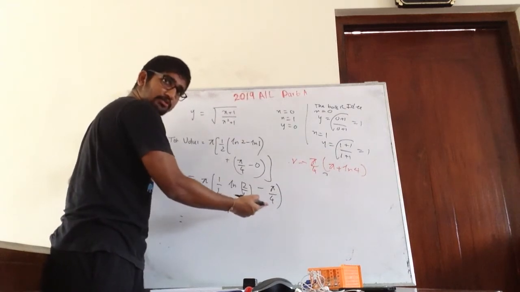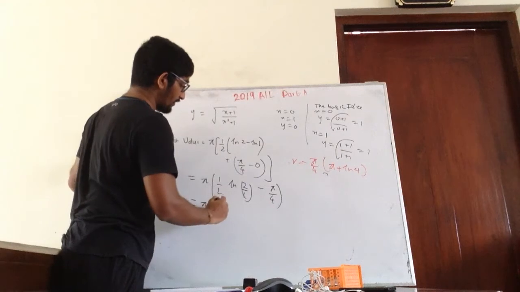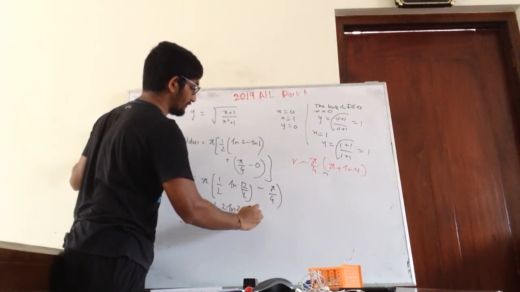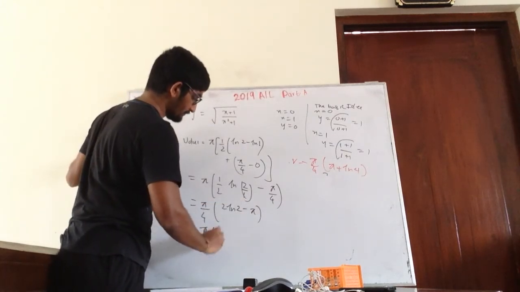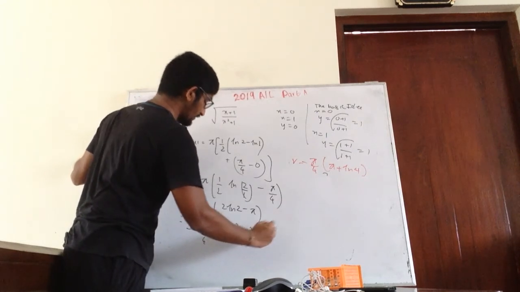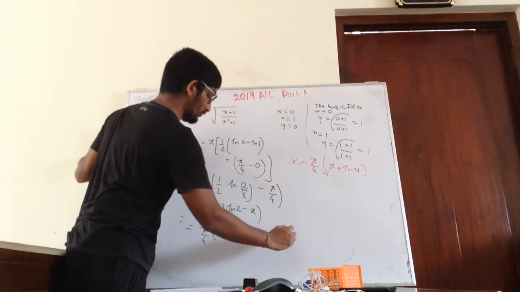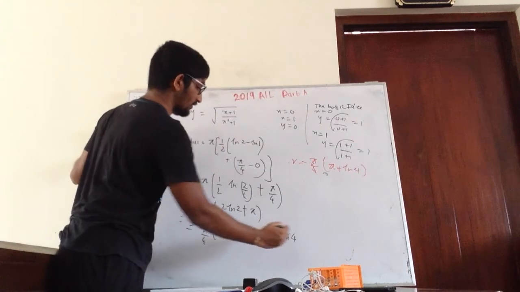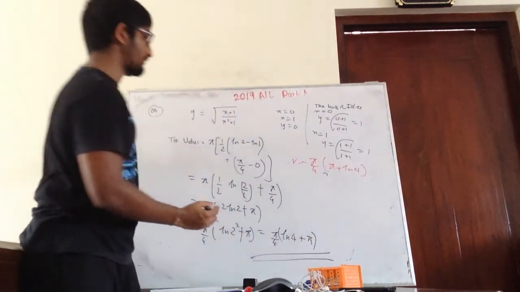Now I'm going to take 5 over 4 out. So then I will get 2 ln 2 plus 1, so then I can put 2 inside. That is ln 2 squared plus 1, that is 5 over 4 times (ln 4 plus 1). Oh no, this is plus 1, times 5. That is the answer we want.